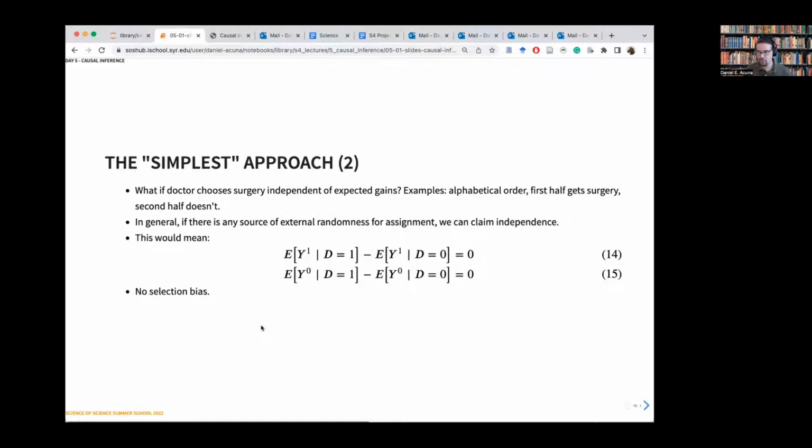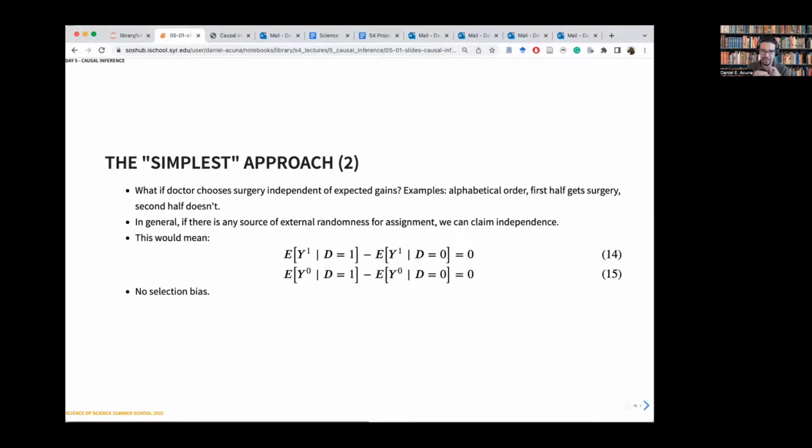So if we assume some external source of randomness, I was explaining the idea of, let's say, an NIH grant, where you get a threshold. If you pass the threshold, you get the grant. If you don't, you don't get the grant. You can think about that as a source of randomness, because having a grant that is 10 points versus having a grant that is 10.1 points, there's not a lot of difference.